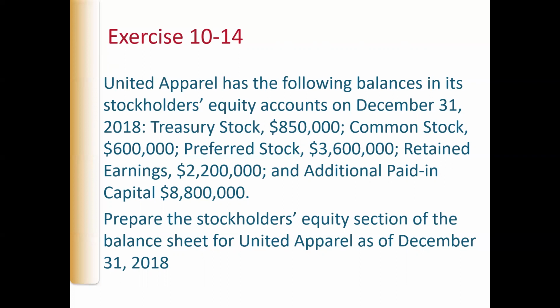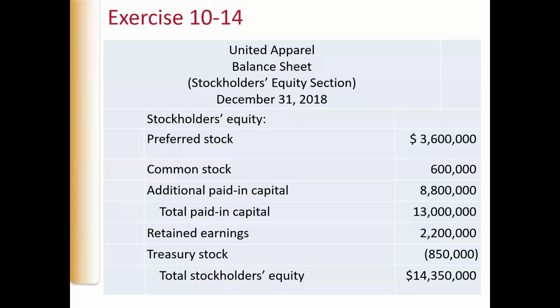The common stock is 600,000. Preferred stock, 3,600,000. Retained earnings, 2,200,000. Additional paid in capital, 8,800,000. Prepare the stockholders' equity section of the balance sheet for United Apparel.